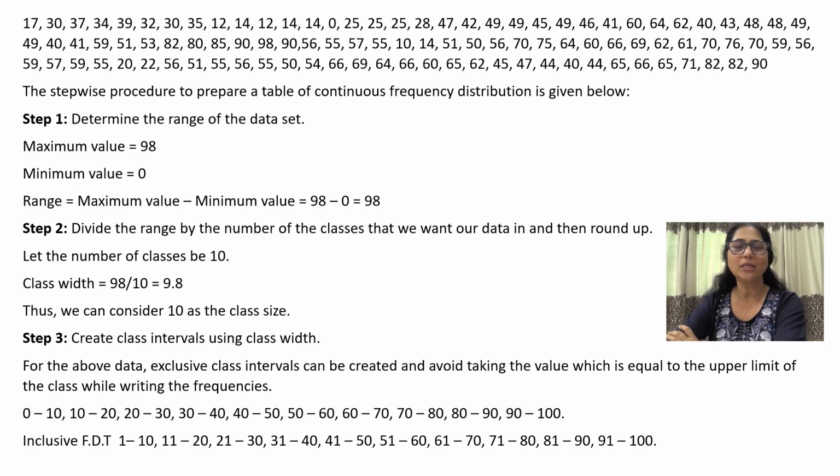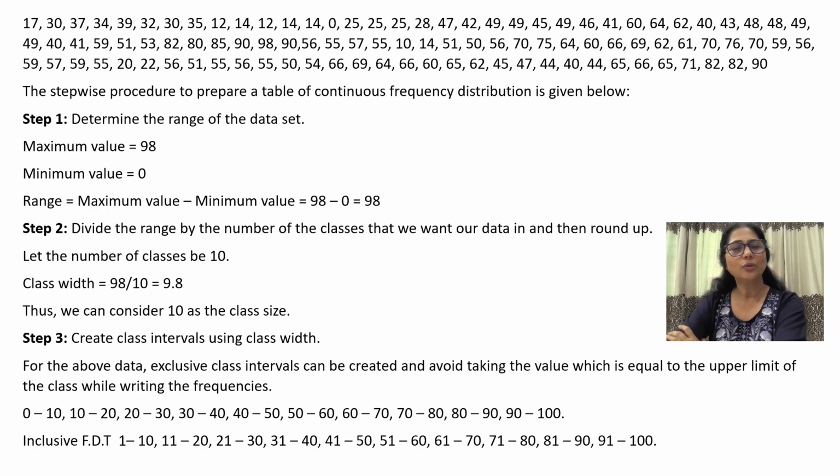In the 0 to 10 class, we put values from 0 to 9, then values from 10 to 19 in the next class, then 20 to 29 in the third class, and so on.